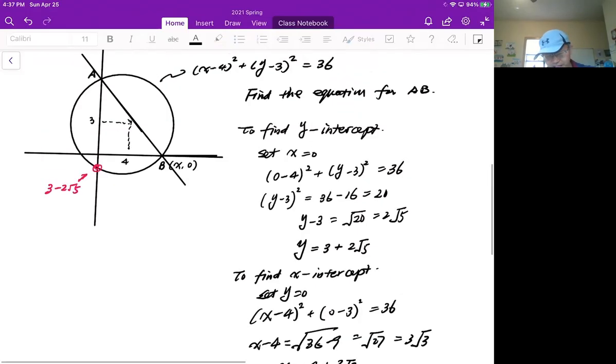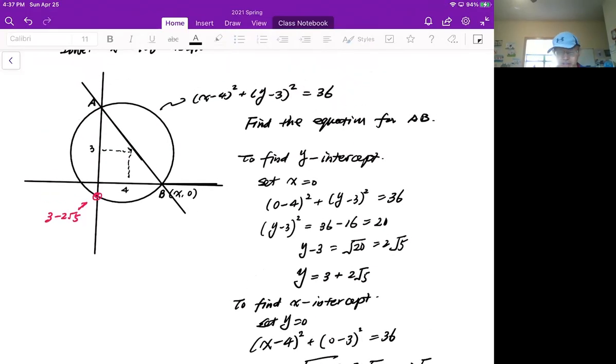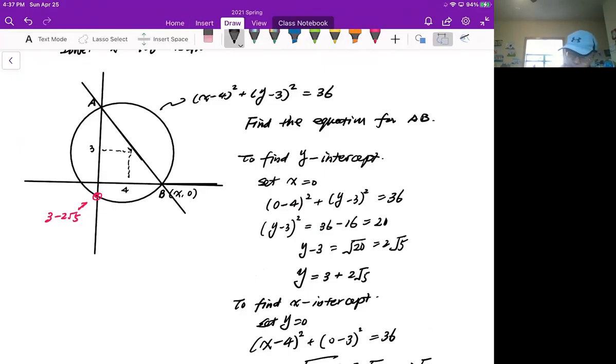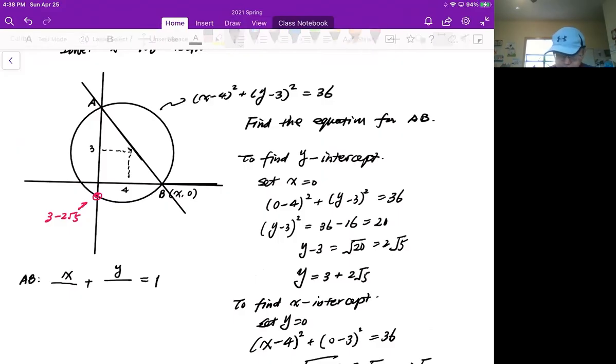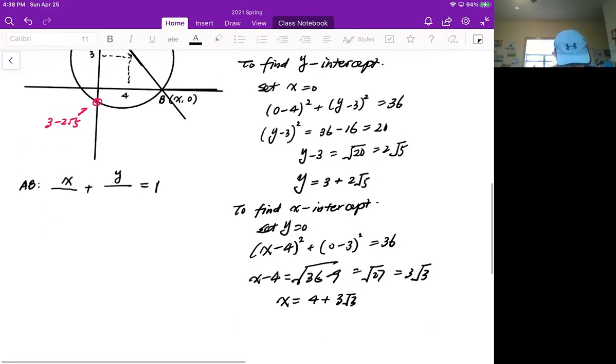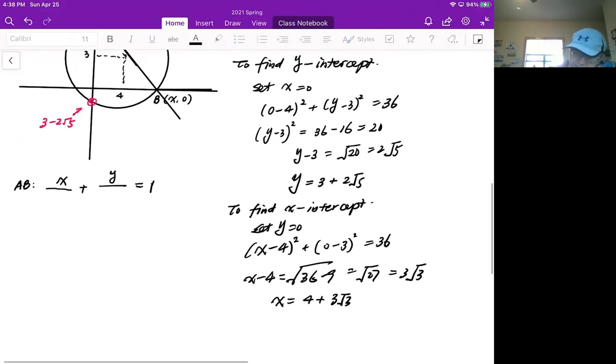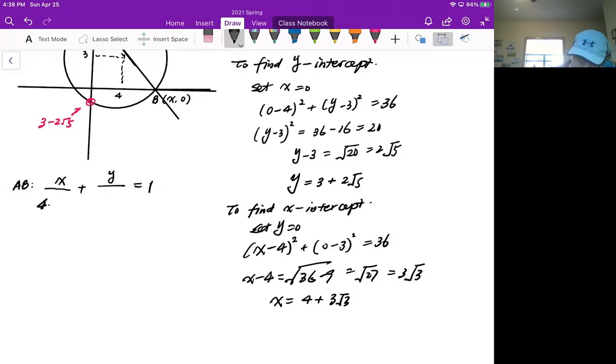After we get that, how could I get the equation for the line AB? The equation is x over the x-intercept plus y over the y-intercept equals 1. What's my x-intercept? According to what I just did, it's 4 plus 3 root of 3.